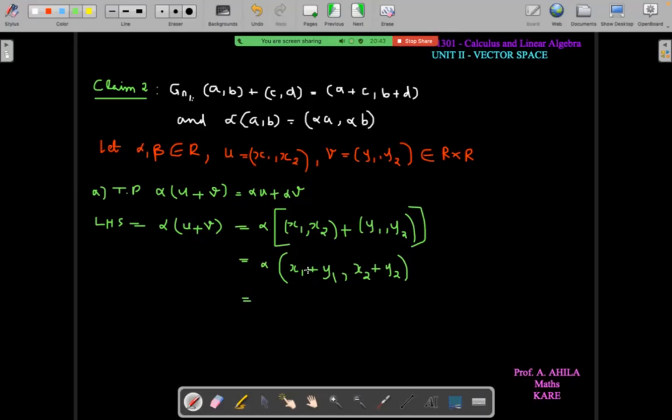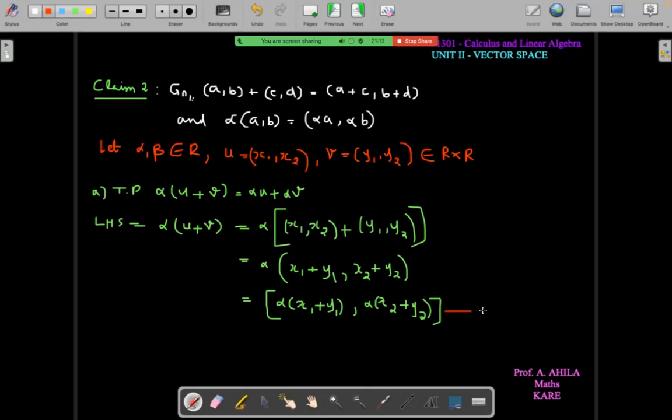That means we multiply this alpha inside. So we get the ordered pair (alpha into (x1 plus y1), alpha into (x2 plus y2)). So let us keep this as equation 1.